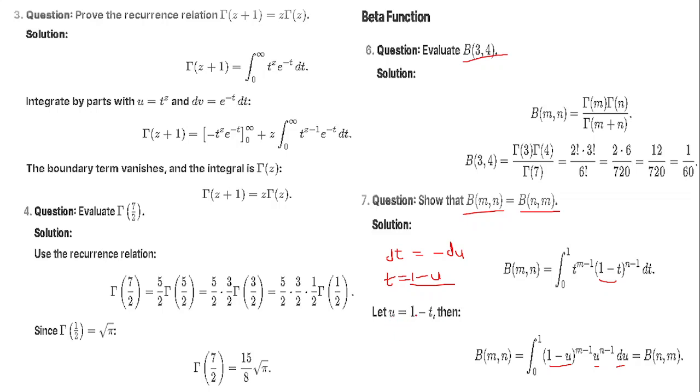This will be du by dt, and this will give you minus.